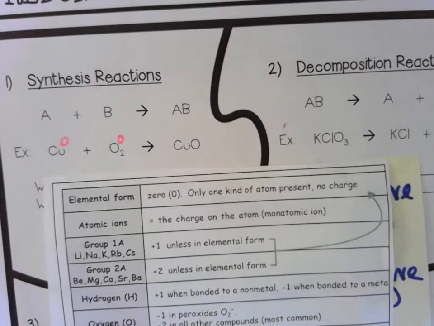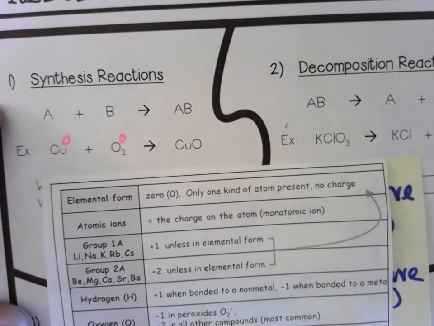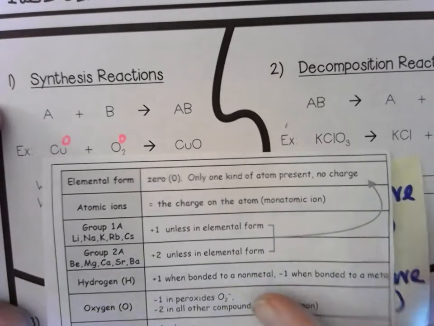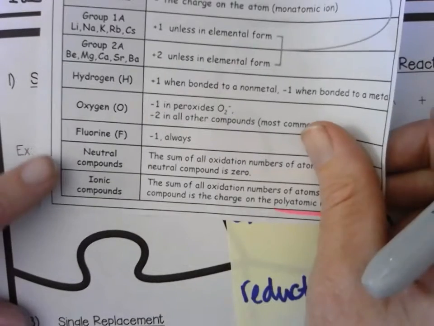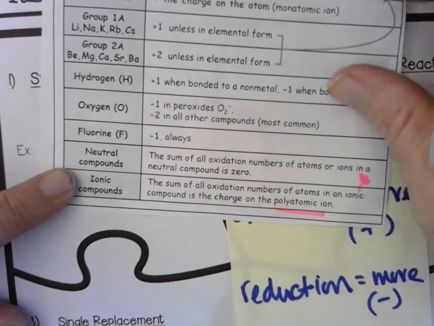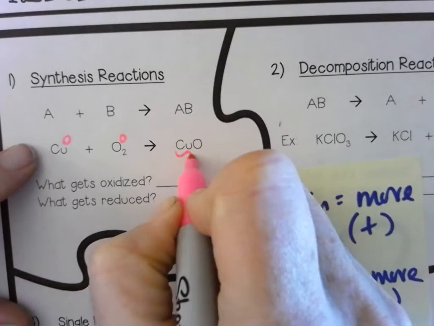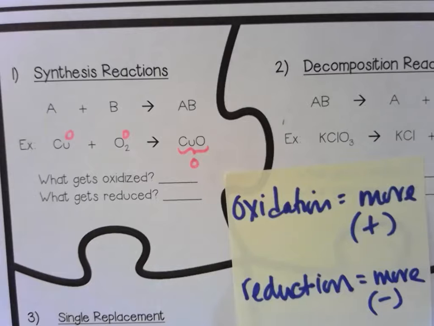All right, here we have copper oxide. It's a neutral compound because there are no charges there, right? So the sum of the oxidation numbers of the ions in the neutral compound is 0. The sum is 0. So this whole thing is 0. And I'm putting the 0 down here because I want to get the oxidation numbers of the individual atoms.